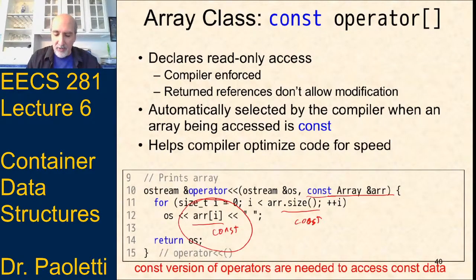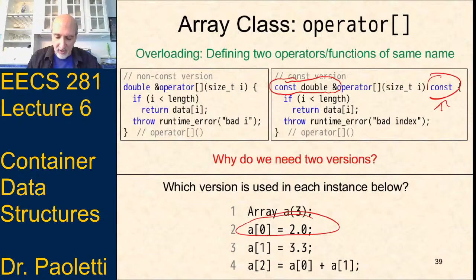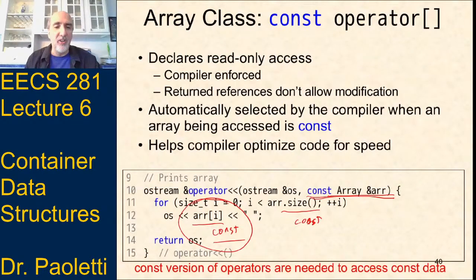To say, I promise not to change it, I just want to look at it. Now you might think that in this version, we're using the const versions. Actually, I've tried Visual Studio and G++ and LLVM, and they don't. This one, they all use the non-const version for all of them. But in this one, they all use the const version because they must.